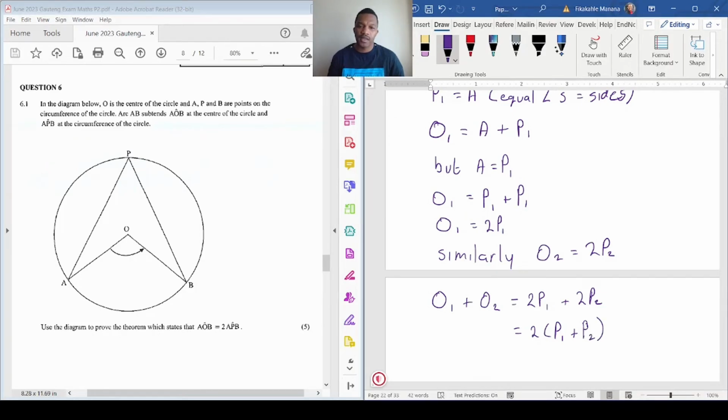Okay, therefore, remember, O1 plus O2 is equal to AOB, which is equal to twice, because P1 plus P2, they form APB. That's it. That's how you get your final marks.